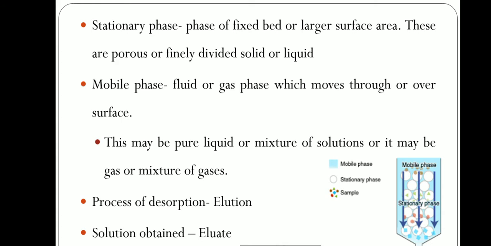So here solids or liquids also may be considered as a stationary phase, and mobile phase, fluids or gas that will be able to move from one place to another place. Those are examples for mobile phases.